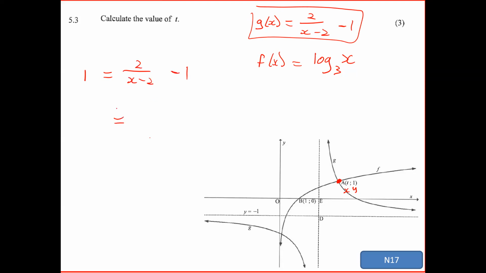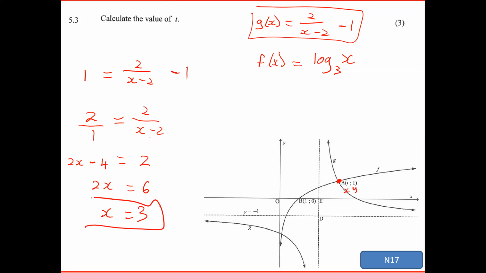And then we can bring our y's to one side. 1 minus 1 becomes a plus 1, giving you 2 over x minus 2. And then we can cross multiply. 2 times x minus 2 will be 2x minus 4, which is equal to 2. 2x is equal to 6. Dividing by 2, we're going to get x to be 3.